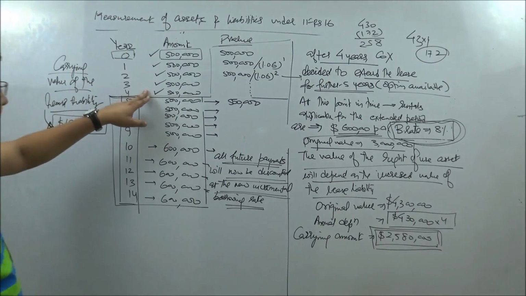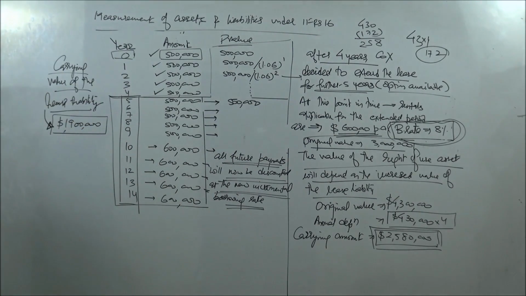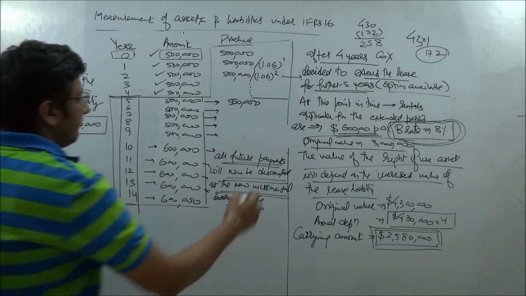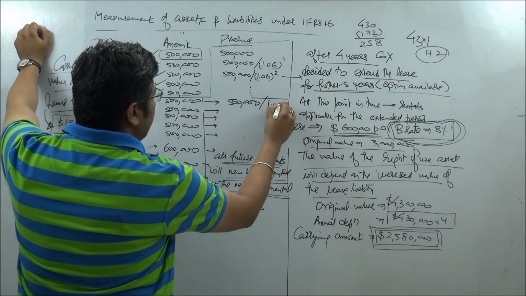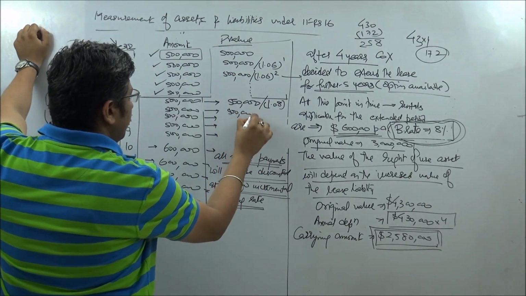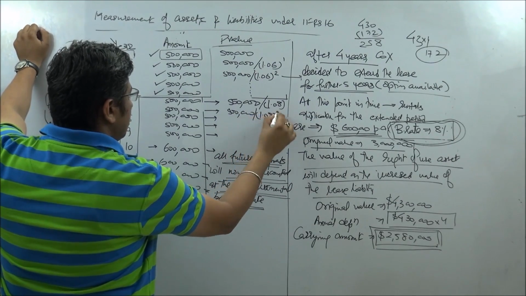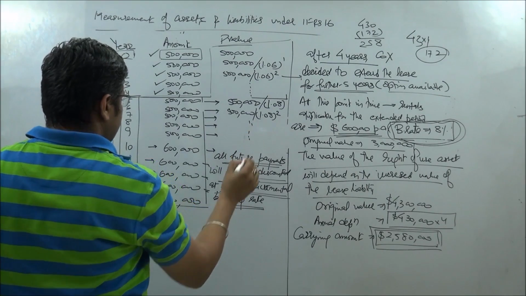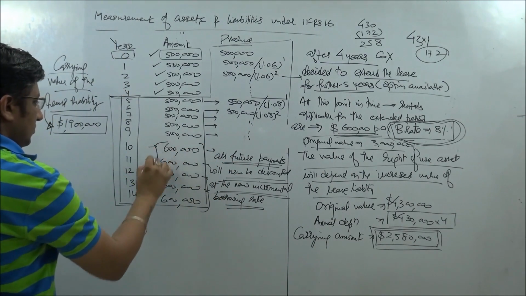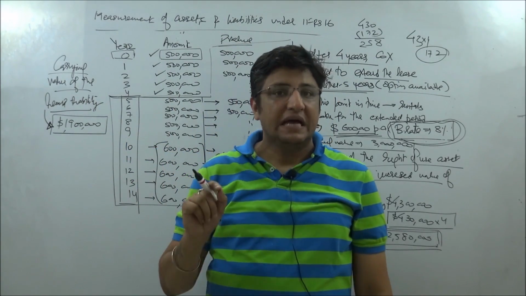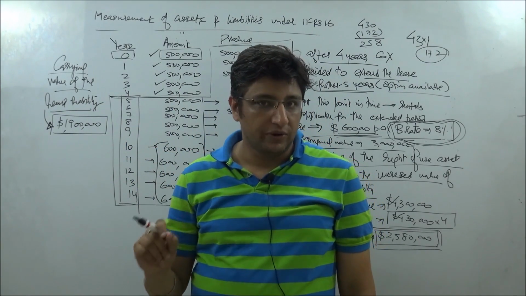Since you are paying this, let's say, okay, not this one, because this is being paid at the end of year 5. So this becomes divided by 1.08 to the power 1. The next amount will be 1.08 to the power 2. So that is how we're going to do these calculations here. And this 600,000 also will be discounted at this particular incremental borrowing rate.